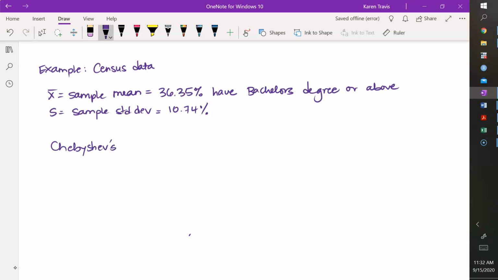So the purpose of each of these is to help us use our standard deviation to think about how spread out the data is. So let's suppose here is the mean, 36, and I'm going to round to 36.4.